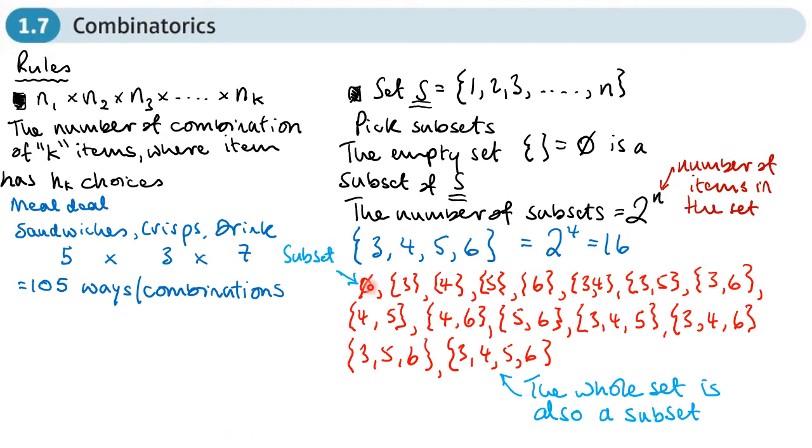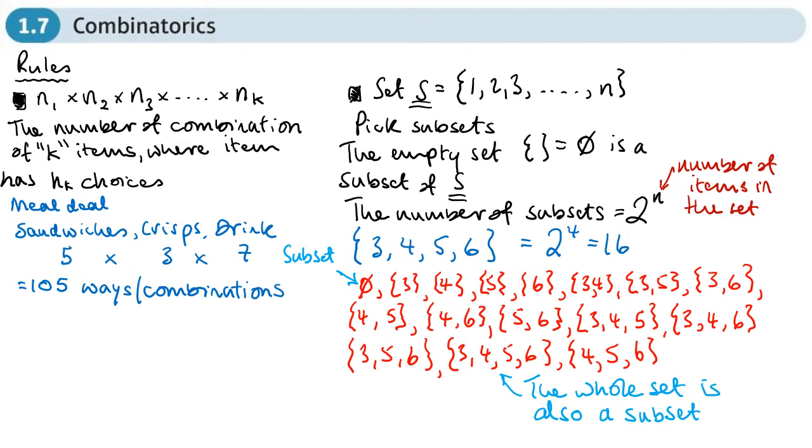Now if I count these up, 1, 2, 3, 4, 5, 6, 7, 8, 9, 10, 11, 12, 13, 14. Let's count again. 1, 2, 3, 4, 5, 6, 7, 8, 9, 10, 11, 12, 13, 14, 15, which means I must be missing one out. And yes, there was one more set that contained the items 4, 5, 6. I missed that one out.